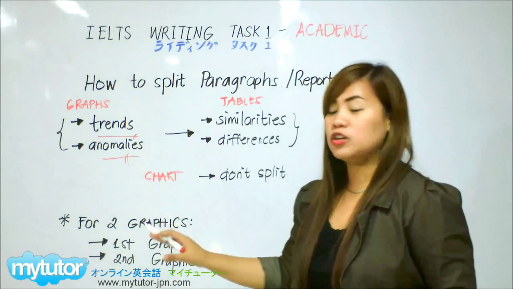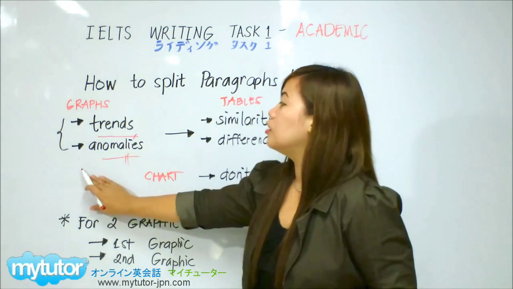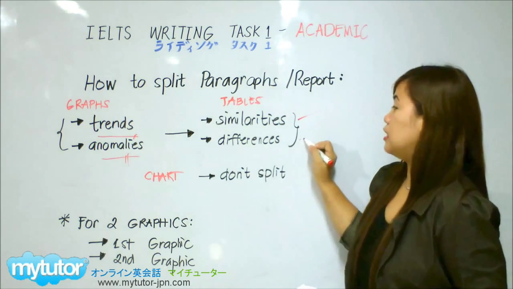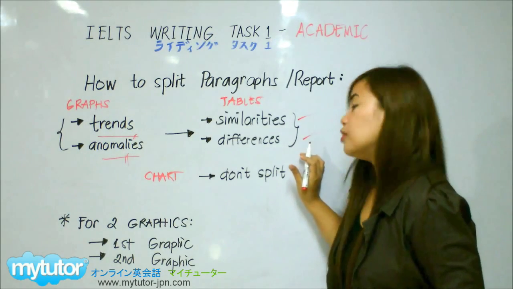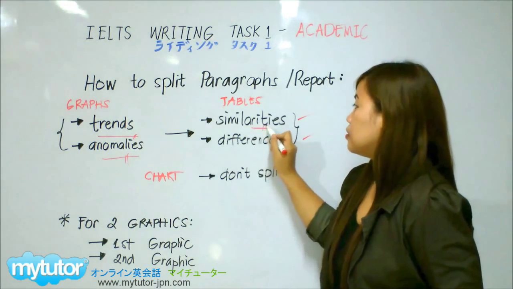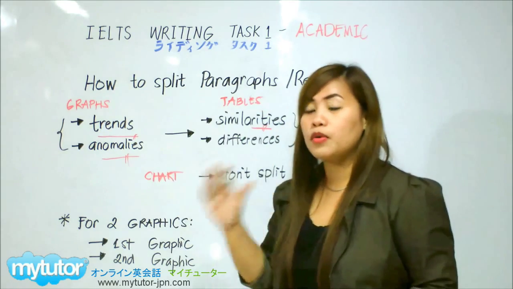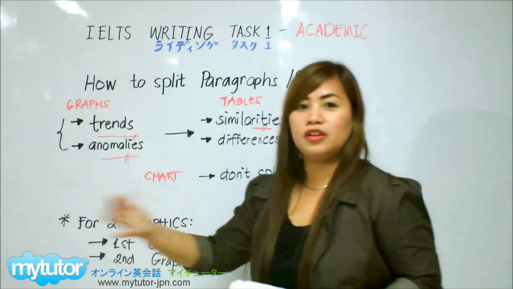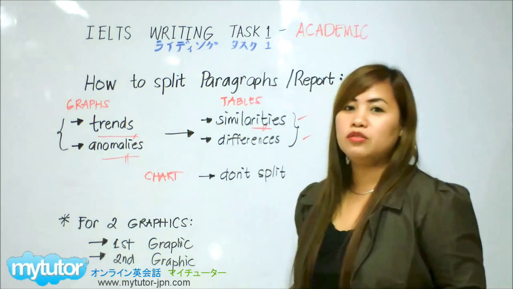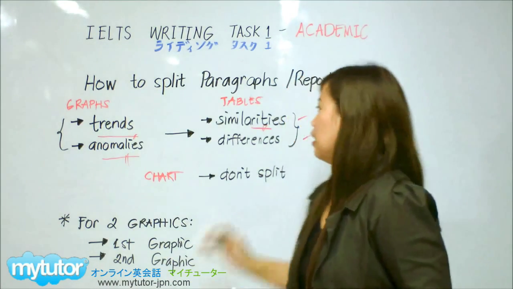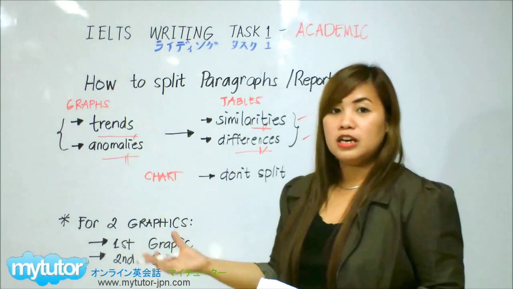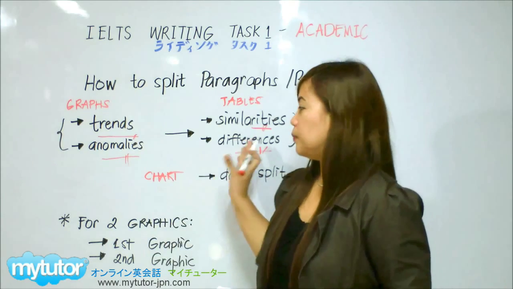For tables, probably the same: in the first paragraph, you summarize the trends. Don't talk about it every year or one by one. You may lose a good sentence. Then in the second paragraph, you talk about the differences, and you go more detailed as well.